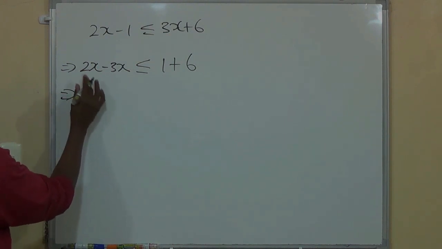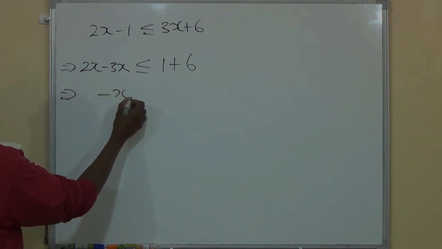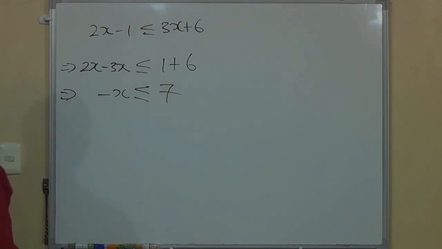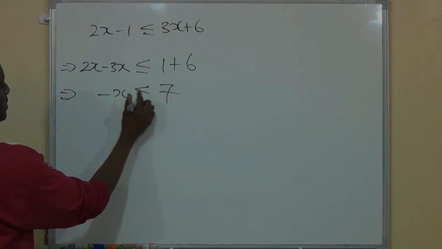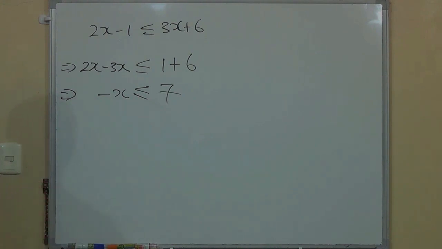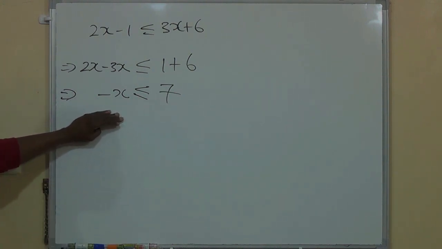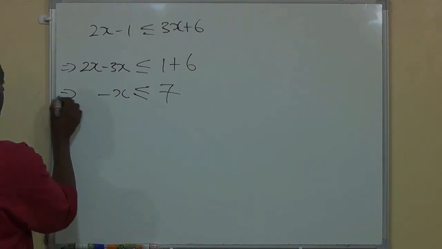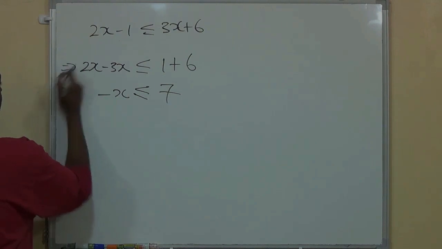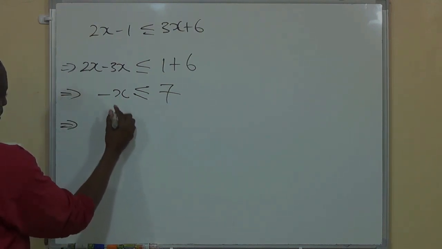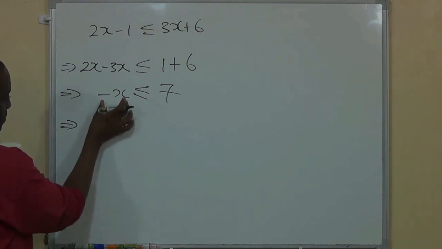Now, watch it. 2x minus 3x is minus x. This is less than or equal to 7. Now, minus x less than or equal to 7, we don't want to express the answer in terms of minus x. We want to express the answer in terms of x. So what that means is that we have to multiply by minus 1 on both sides.